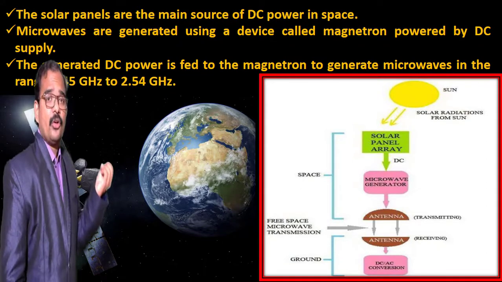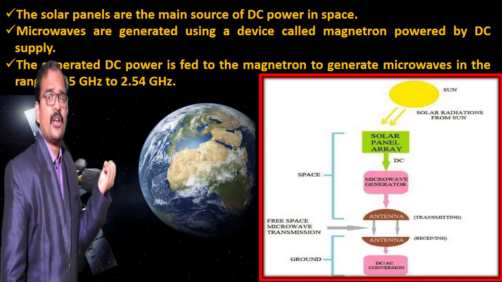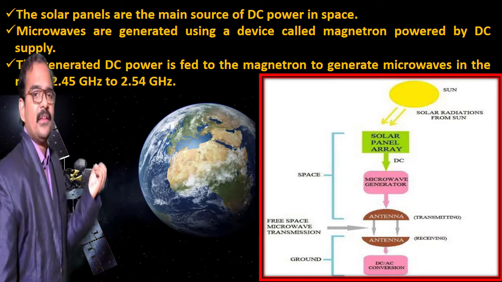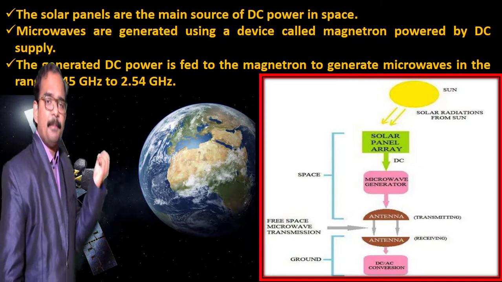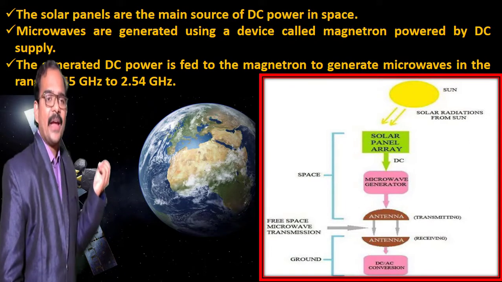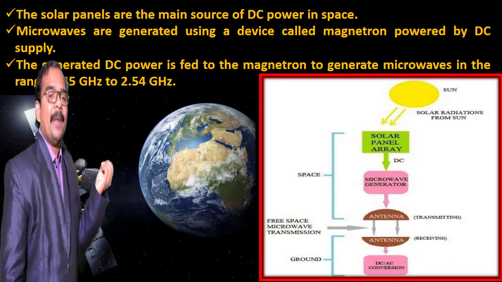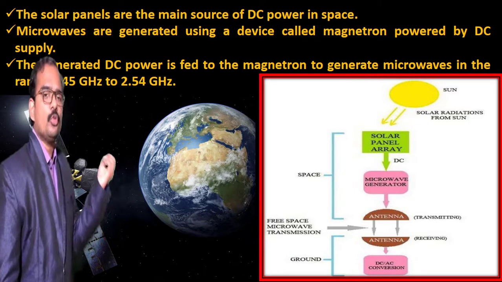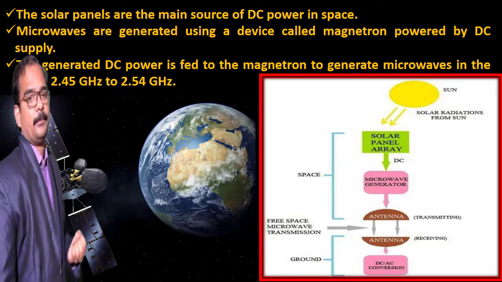Microwaves are generated using a device called a magnetron powered by a DC supply. So by utilizing the solar generated DC power, we will power a device known as a magnetron, and this magnetron will generate the microwaves. The frequency of these microwaves will be in the range of 2.45 GHz to 2.54 GHz.